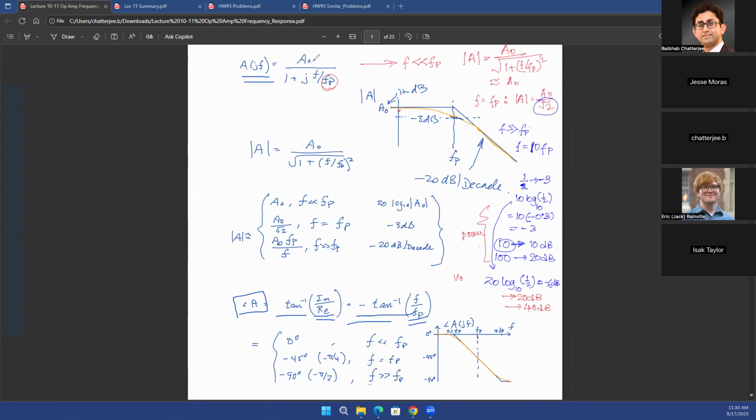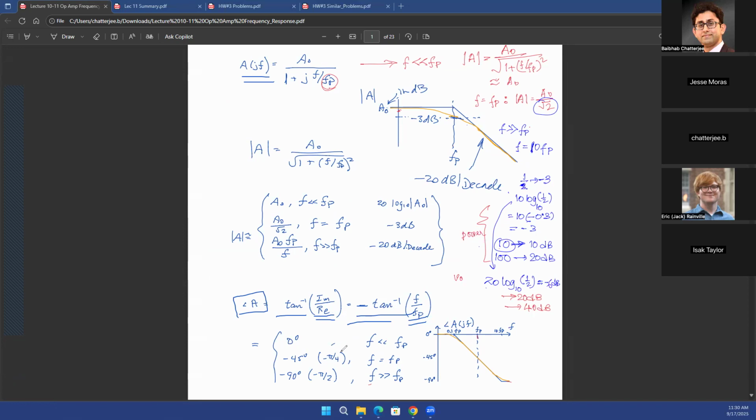You have gone through complex number theory in high school. You know that if the quantity you're interested in is in the denominator, when you are talking about the phase, you get this negative sign. And then you have the tan inverse of the imaginary quantity, which is f over fp, divided by the real quantity, which is 1. So minus tan inverse f over fp is your phase.